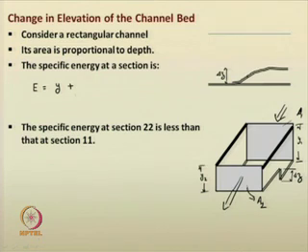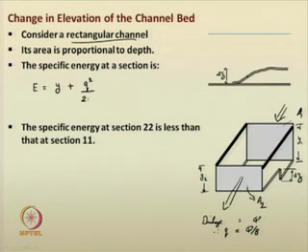This can be, for a rectangular channel, if the discharge is equal to Q, then the discharge per unit width q can be given as Q by B. This we have done in many of our previous analyses. So, I will be using that small q here, q squared by 2 g y square for the rectangular channel.